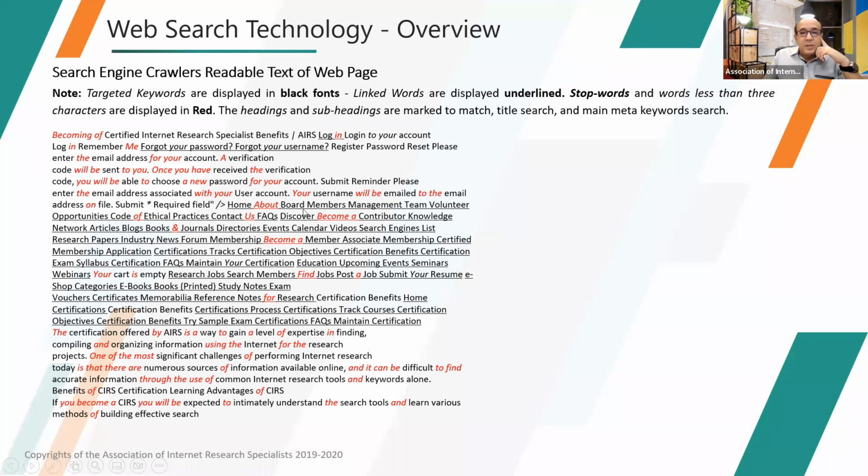But let's look at the ones that are underlined. These underlined words have a difficulty level for the search engine to make sense of, because of the sequence in which they are put.